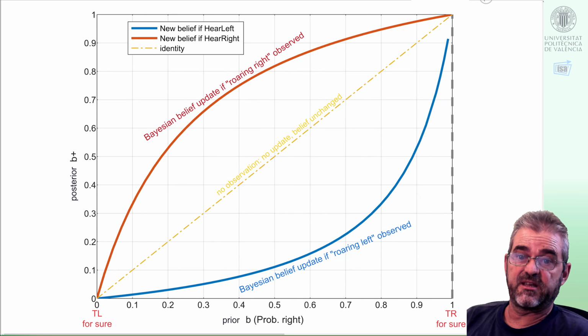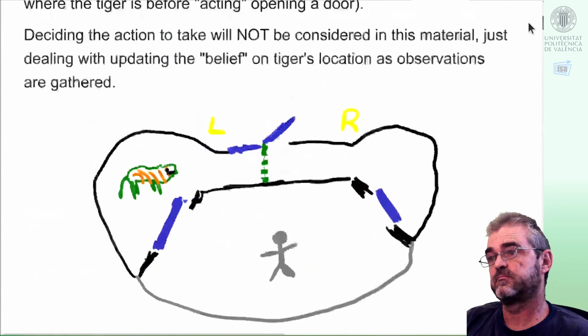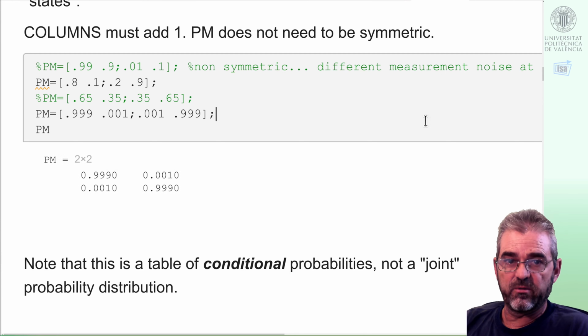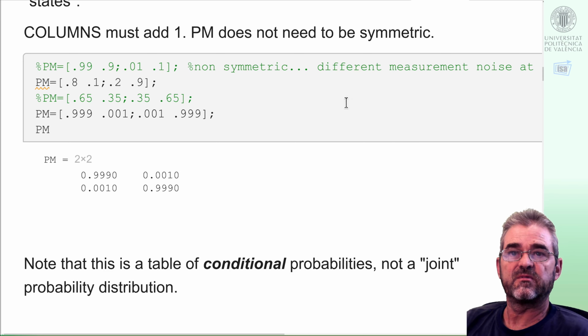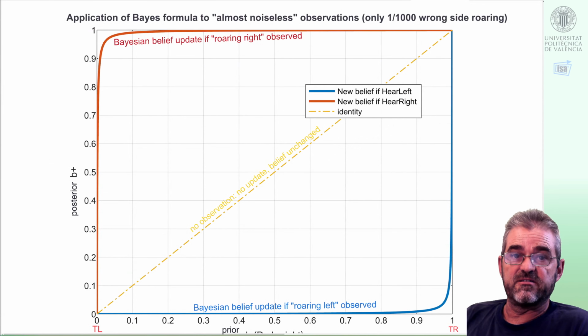For better understanding, let us now change the probability table to exact observations except 1 in 1,000. If the tiger is left, it roars left every time except 1 in 1,000, and also at the right. Then we get this much larger increase in evidence towards the right or left side.